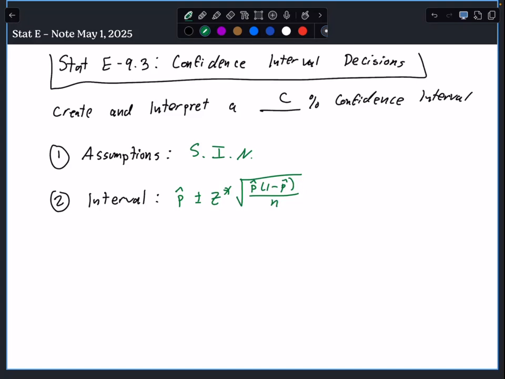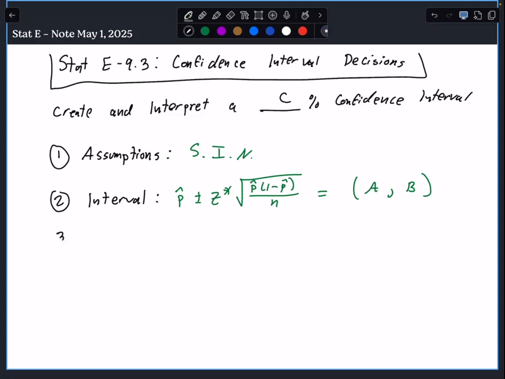Now remember, as we've been practicing in your homework and our do nows, we do the minus first and then we do the plus. As we've also noticed, for some of you, it might be easier to first find out what the standard error is, which is that square root, as a decimal, and then do it like we did the do now. When we do this, we're going to get some interval A to B.